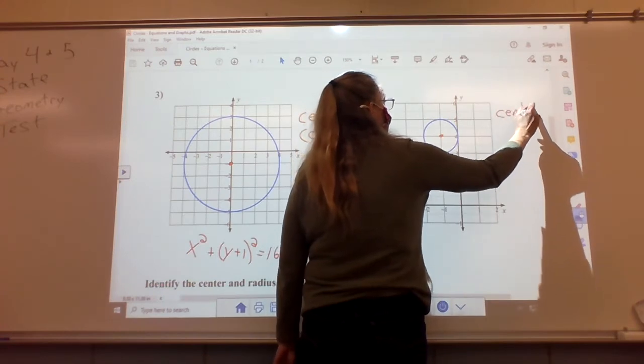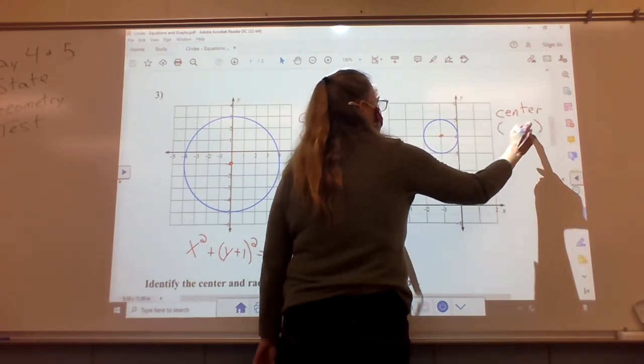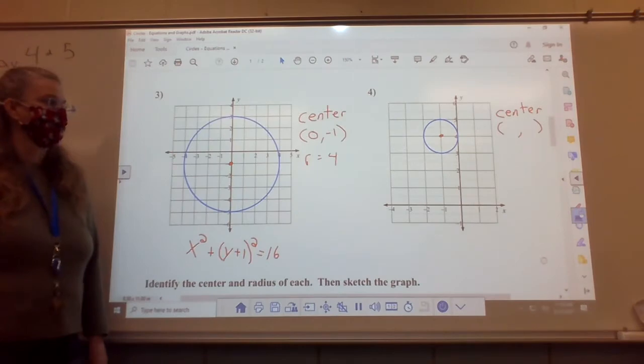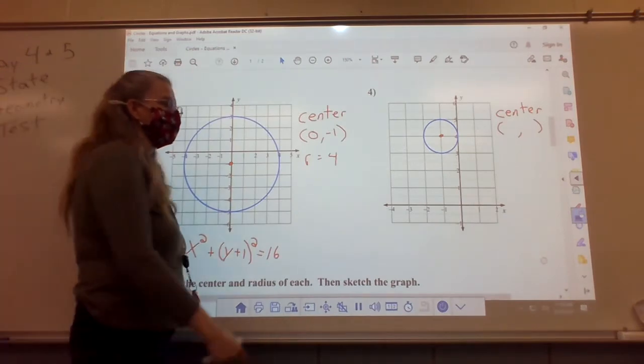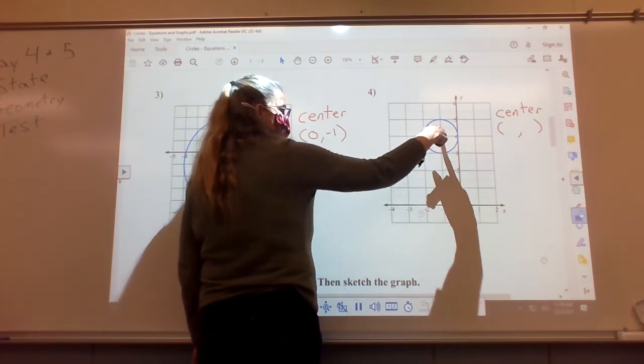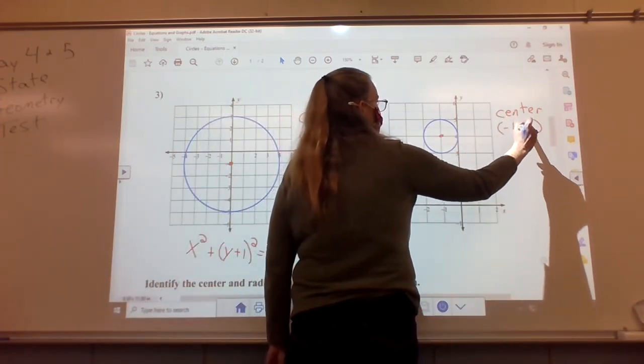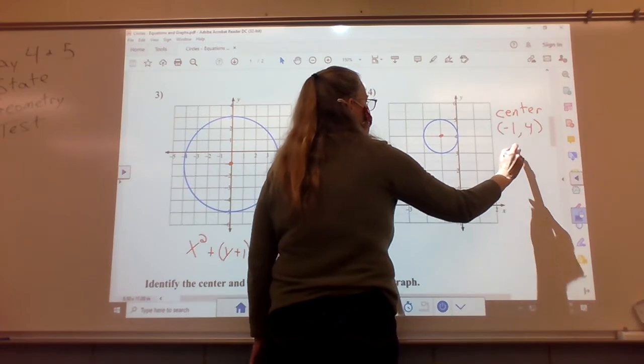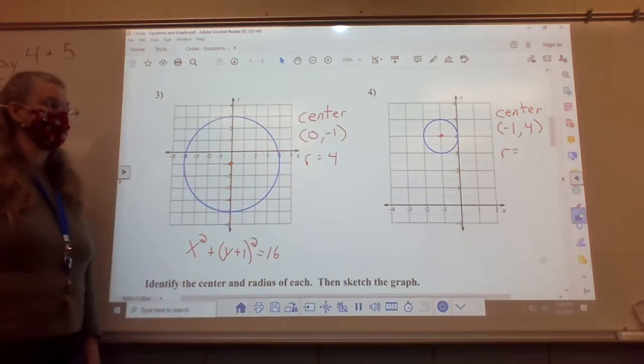So what's the location of the center? What's the ordered pair? -1, 4. So from my 0, 0, -1, 1, 2, 3, 4. So -1, 4. My radius is going to be what?